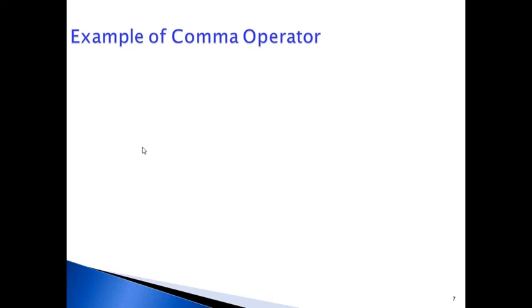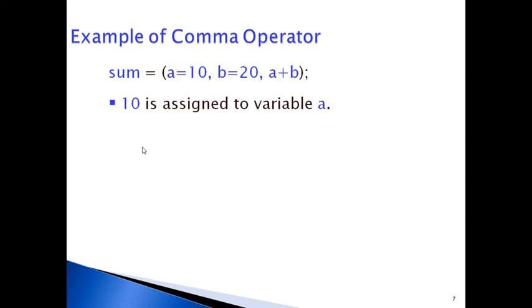Now we'll see an example of the comma operator. sum = (a = 10, b = 20, a + b); 10 is assigned to the variable a as per the expression. 20 is assigned to the variable b.